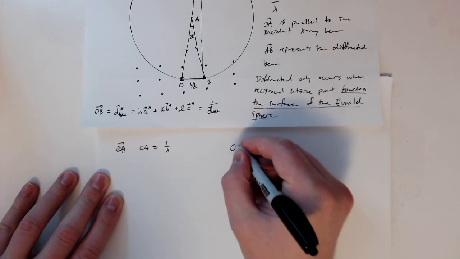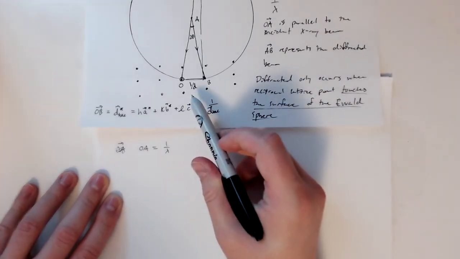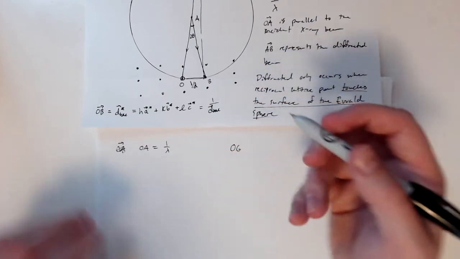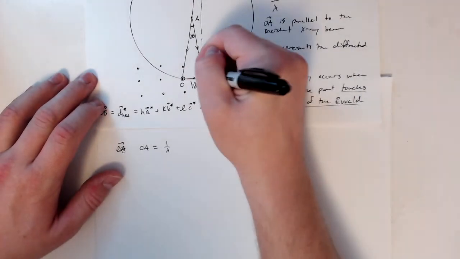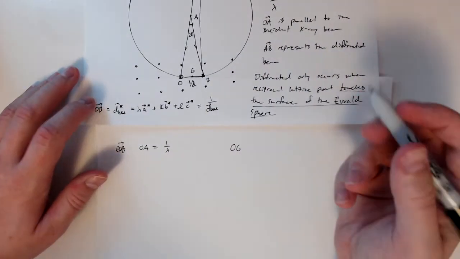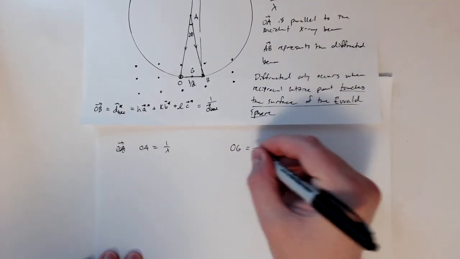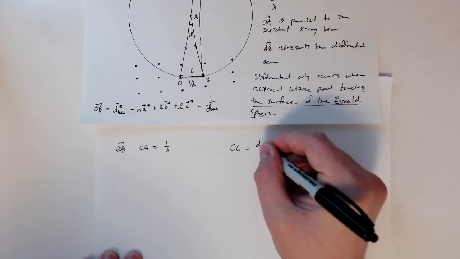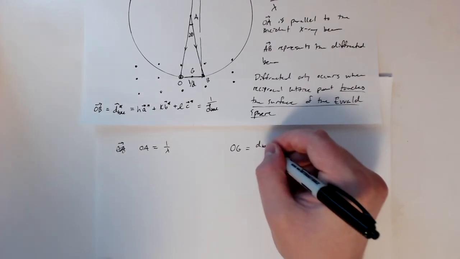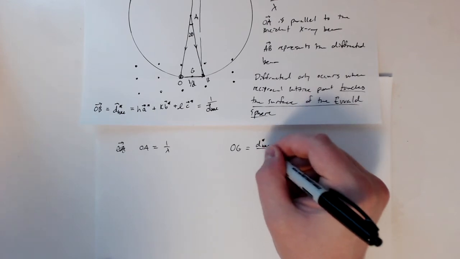Also, we have the vector OG, and here I'm defining G as the point halfway in the middle. So this is equal to the length of d_HKL star over 2.